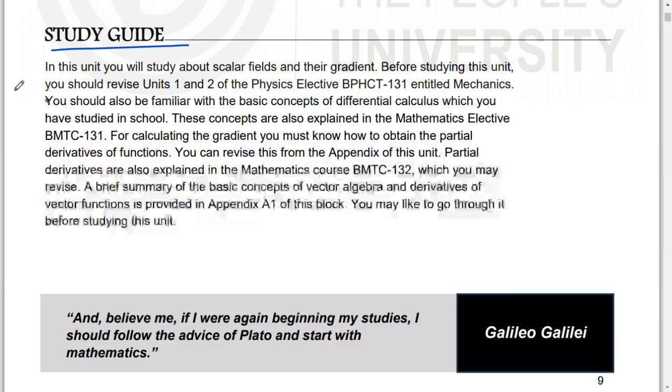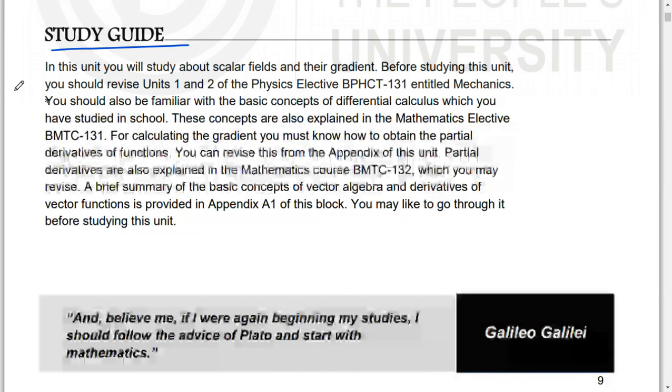For calculating the gradient, you must know how to obtain the partial derivatives of a function. You can revise this from the appendix of this unit. Partial derivatives are also explained in the Mathematics course BMTC 132, which you may revise. A brief summary of the basic concept of vector algebra and derivatives of vector functions is provided in Appendix A1 of this block. You may like to go through it before studying this unit.